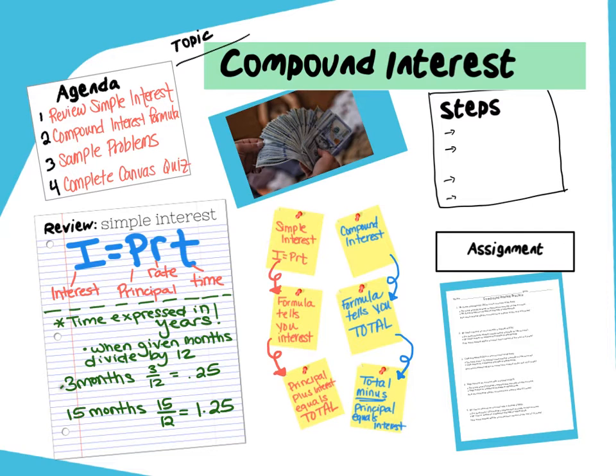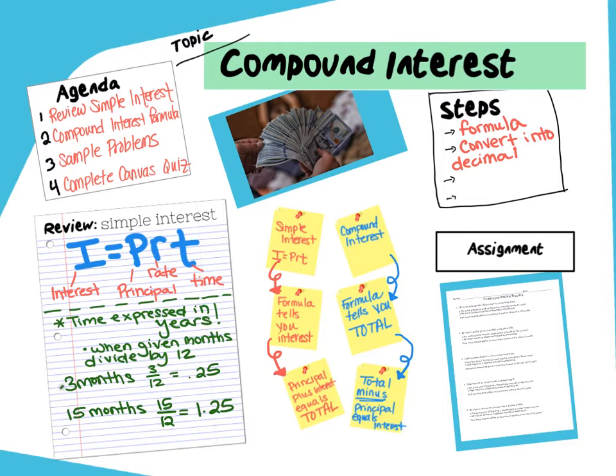Now, the approach that we're going to take to these problems is similar to everything that we've been doing with volume. We did this in volume, we did this in Pythagorean theorem, and in some of the other units where we have worked with formulas. You need to make sure that you start out by writing down your formula on the page. After you do the formula, make sure all of the numbers are converted into decimals.